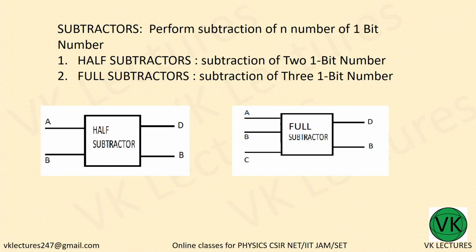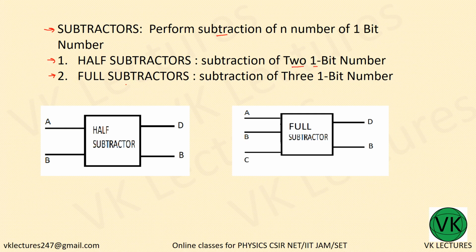Similar to the adders or the addition operator, we have the subtractors, which perform the subtraction of n number of 1-bit numbers. Now there are two kinds of subtractor. One is half subtractor and the other is full subtractor. For half subtraction you have two 1-bit numbers.